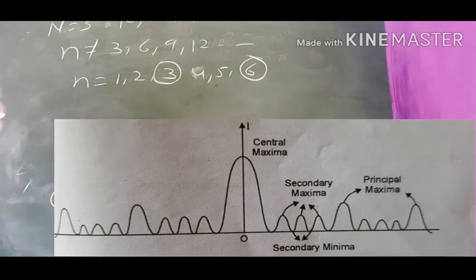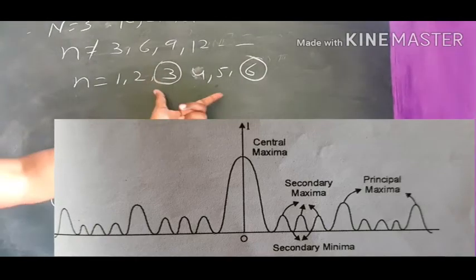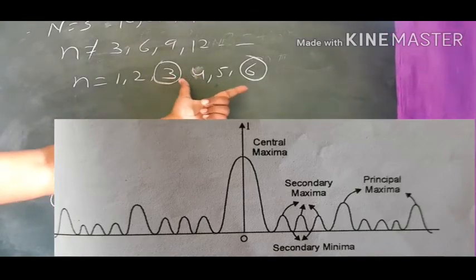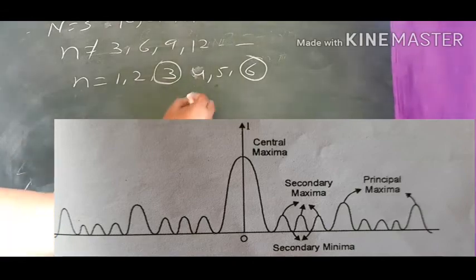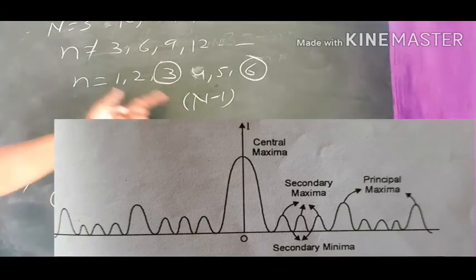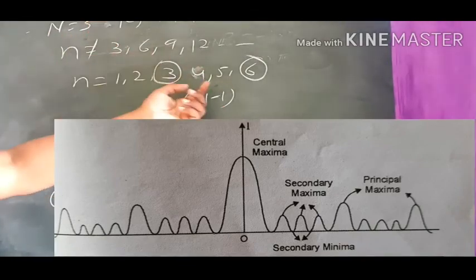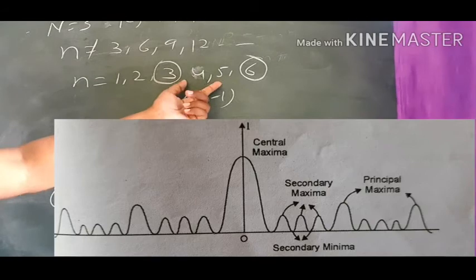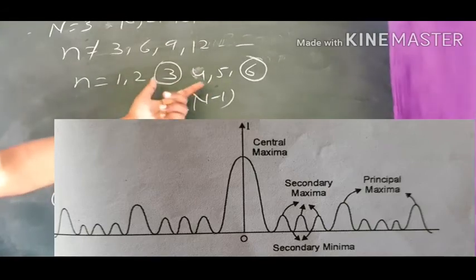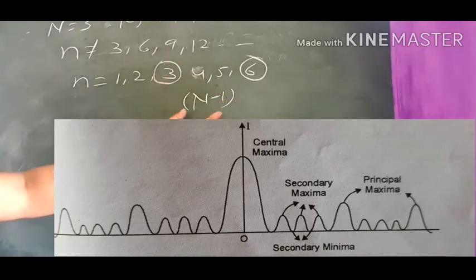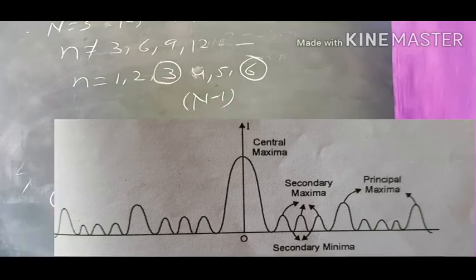So we can say between two consecutive principal maxima, there are n minus 1 minima. Here n is 3, so there are 3 minus 1, 2 minima.